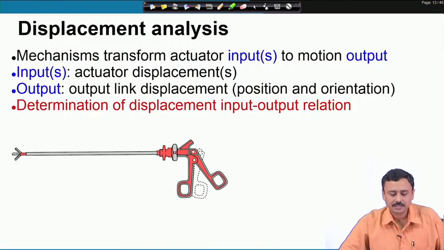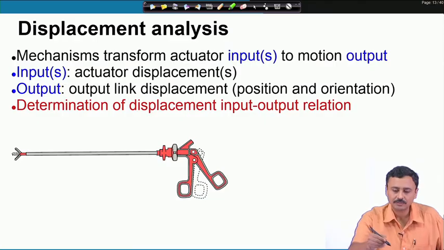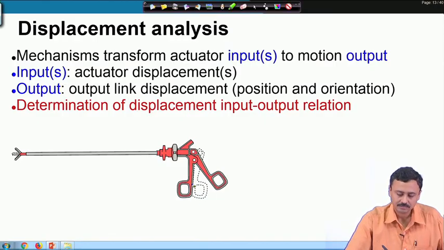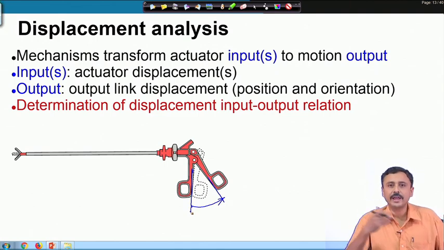Let us look at certain examples in which this is very relevant. In this surgical tool, I would like to know, for example, how much should be the input angle of this finger grip, so as to open the end effector of the surgical tool to a certain angle.